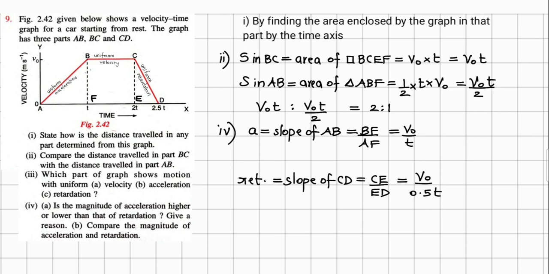CE is VO, but ED is 2.5T minus 2T, that is 0.5T. Now let's compare. So that is 1:2. So it's very clear that retardation is more than acceleration. Next question.